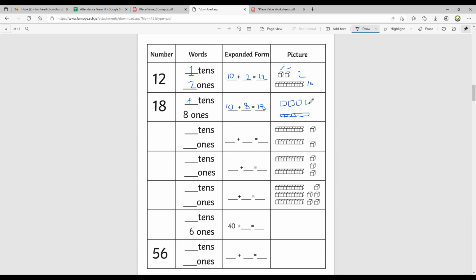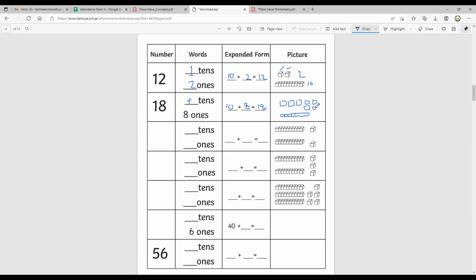There are not 3 tens, I think 2. Yeah, go ahead. Tell me. That is right, sir. I understand right now. The blocks are like this.